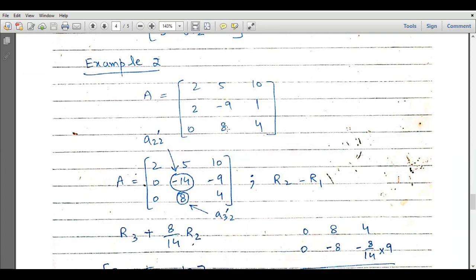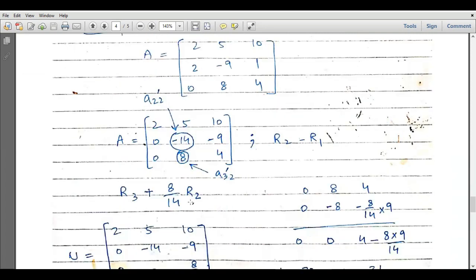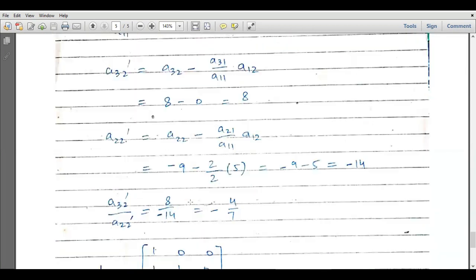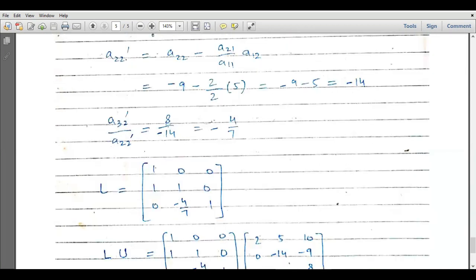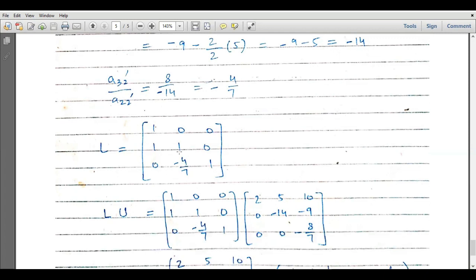So in the lower triangular matrix, the entry over here will be equal to minus 8 by 14, so minus 4 by 7. These are diagonal entries which are equal to 1. Here we have zeros. This is 1, this is 0, and this is minus 8 by 14, or it is equal to minus 4 by 7. So this is our lower triangular matrix.